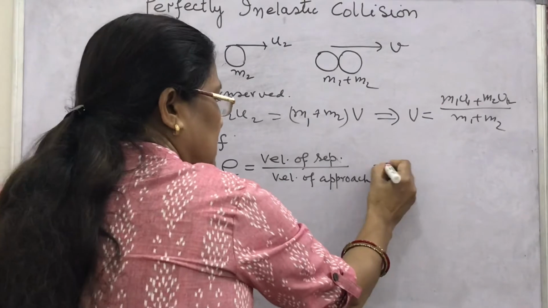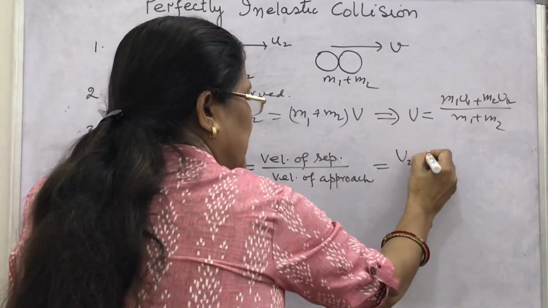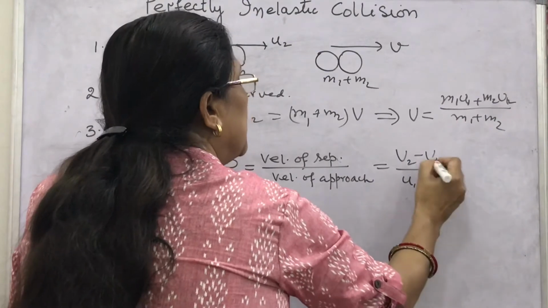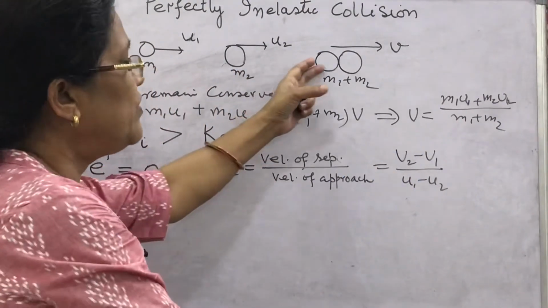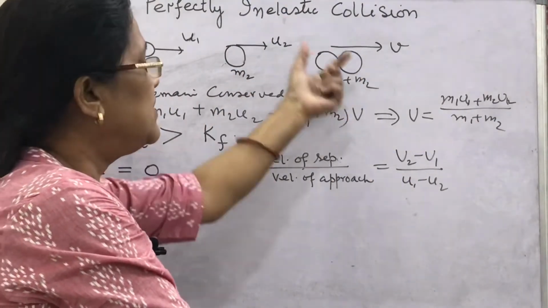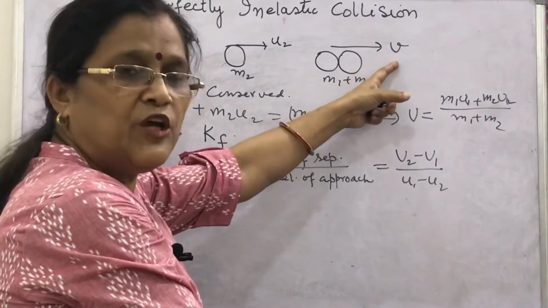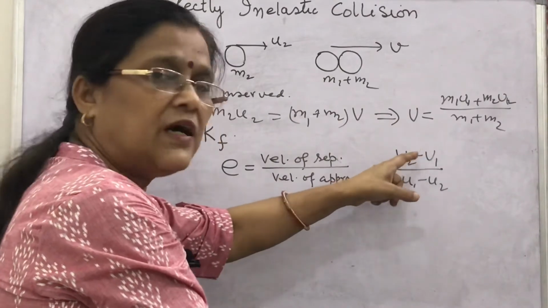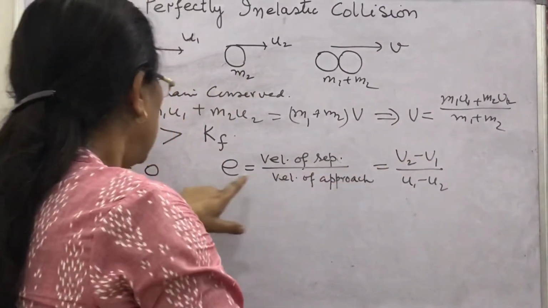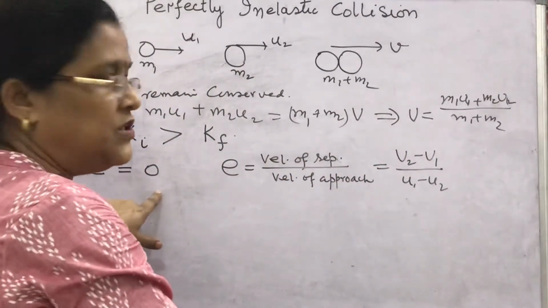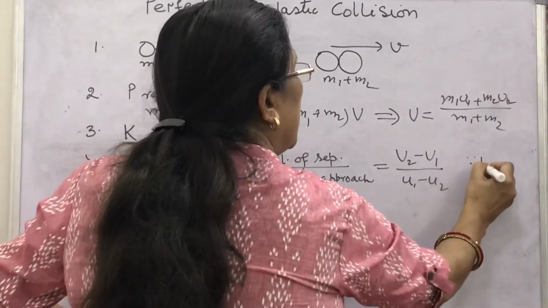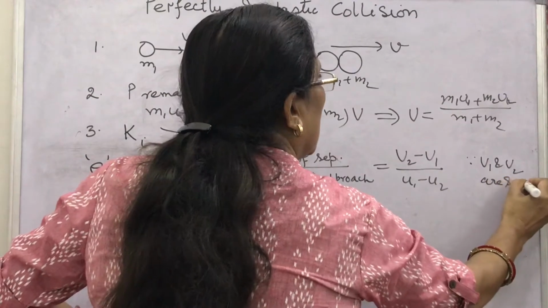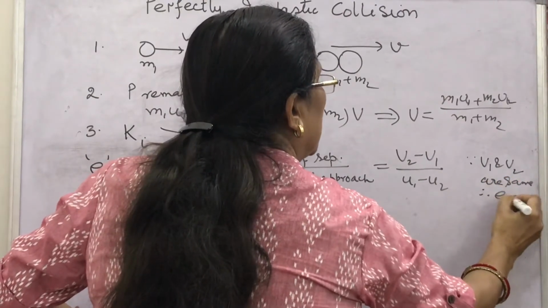Here, the velocity of separation is v2 minus v1 upon u1 minus u2. Since after collision both the objects are moving with the same common velocity, v2 and v1 are the same, so this is 0. Therefore E equals 0.